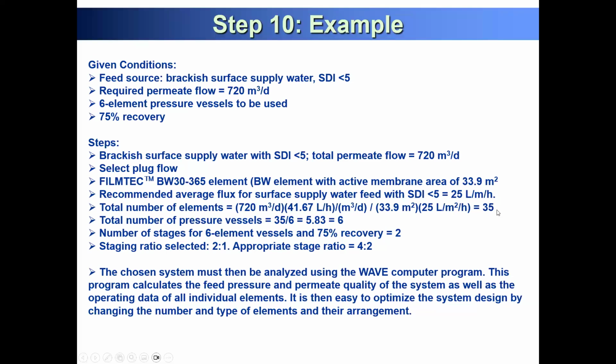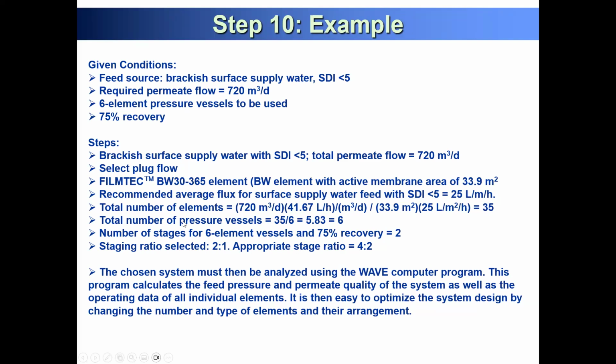So how many elements do we need for this condition? We can calculate that we need 35 elements to design this 720 cubic meters per day of brackish water.